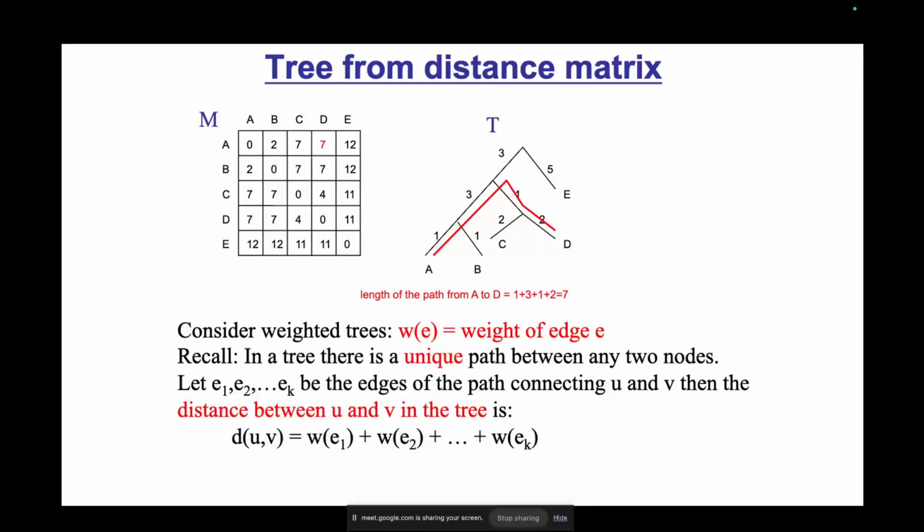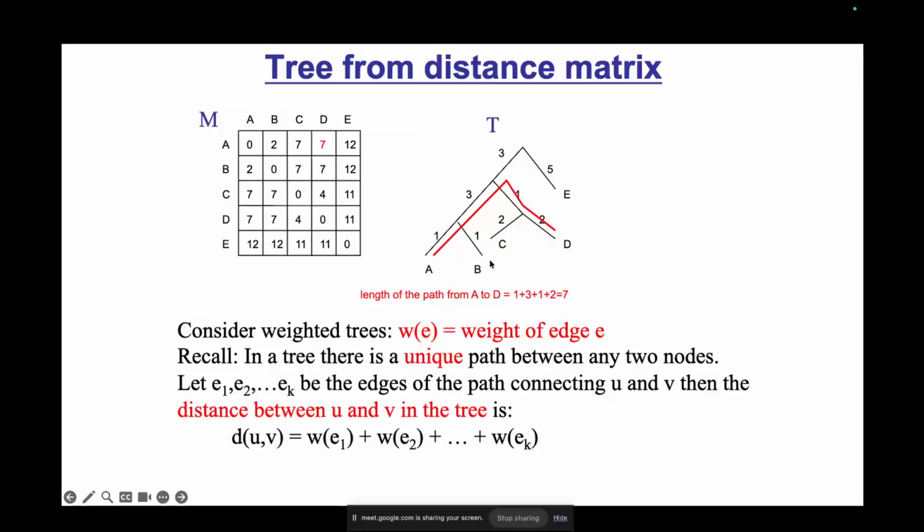Now, how do you get the weight of these edges? So if you have a weighted tree, in a tree there's a unique path between any two nodes, right? So basically, if you want to move from E to B, there is one unique path, right? So you move from E to here, then here, then here, then here.